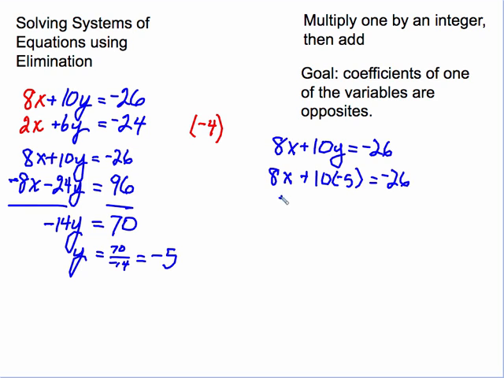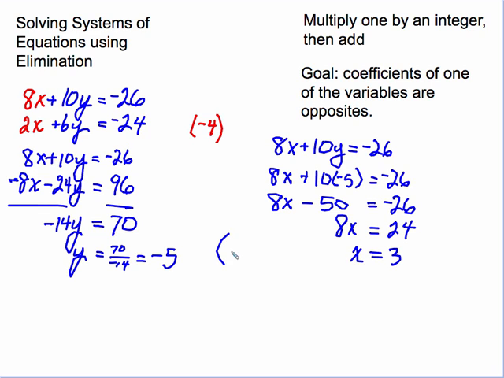This would be 8x minus 50 equals -26. That's 10 times -5 is 50, so that's -50. We're going to add 50 to each side, and we'll get 8x equals 24. And then divide both sides by 8, and x equals 3.